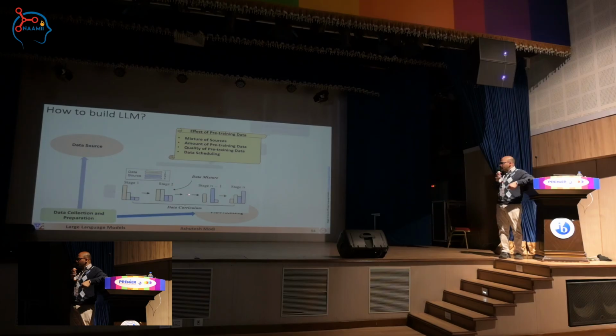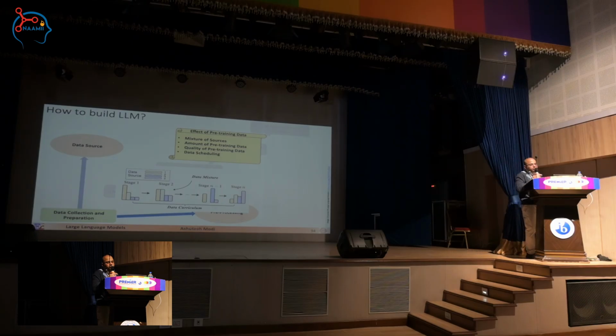So this is some sort of data scheduling, and the better your scheduling is, the more generalizable the model is going to be. Obviously this is a huge engineering perspective.